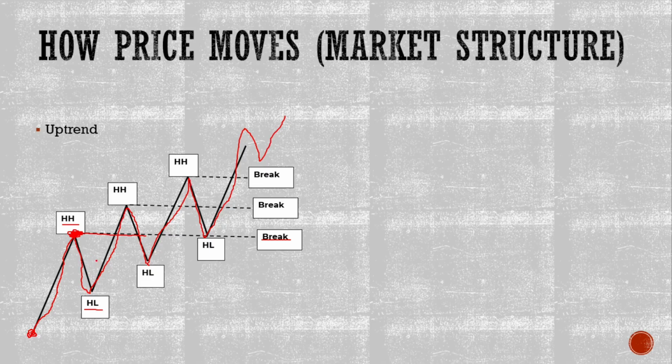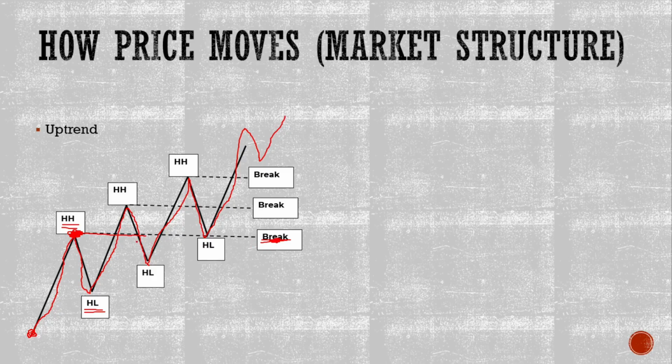These are the things that actually confirm to us that it is an uptrend: higher lows, higher highs, and a break of a higher high. That's the last confirmation of the three things I just talked about.